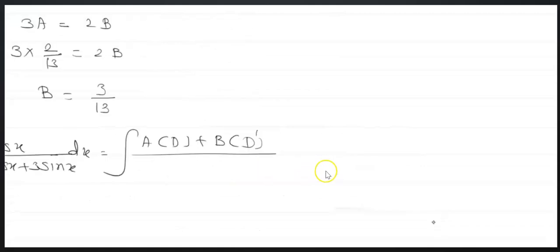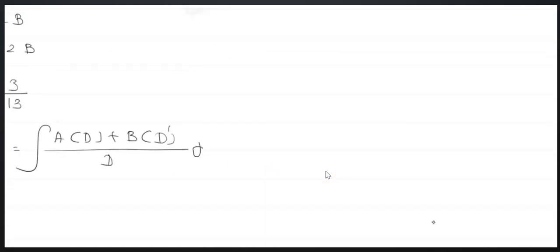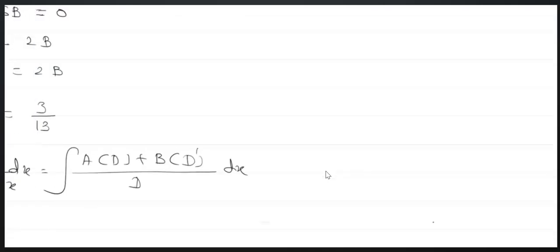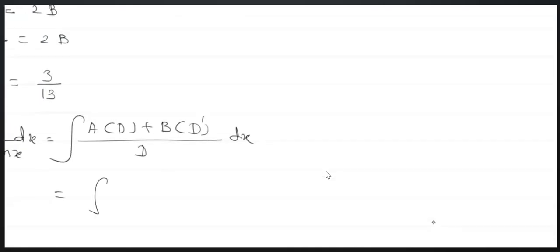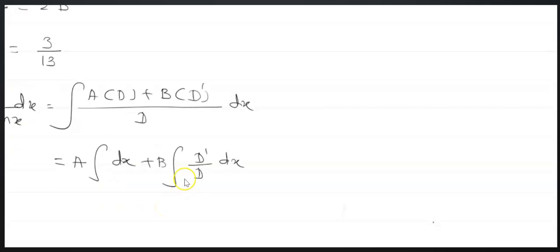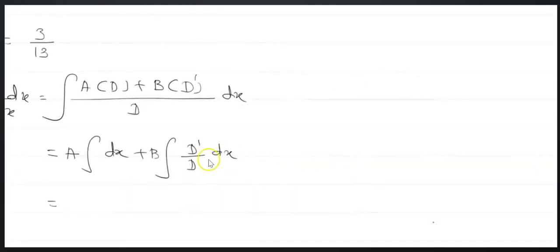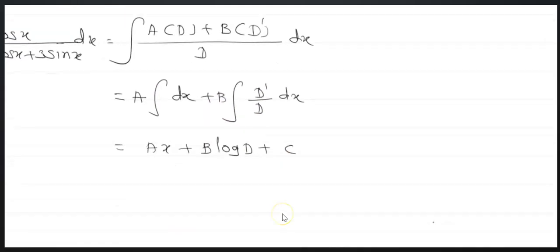You can write this symbolically also, upon d dx. Therefore a, this d upon d is 1. So a into integral of dx plus b into integral of d dash upon d dx. Now the integral of dx is x, that is ax plus b integral d dash upon d, that is b log of d plus c.